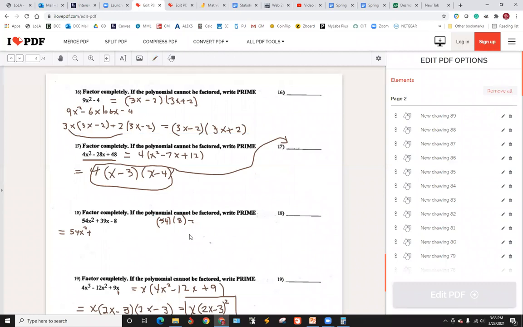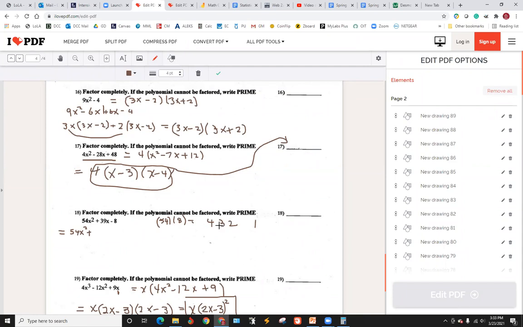All right, so 54 and 8 times 8. Make sure I get this right. So 432. All right. So that means these got to be different signs and have a difference of 39. This sign right there means they've got to be opposite signs. But for right now, we're just going to find the factors of 432 that have a difference of 39.